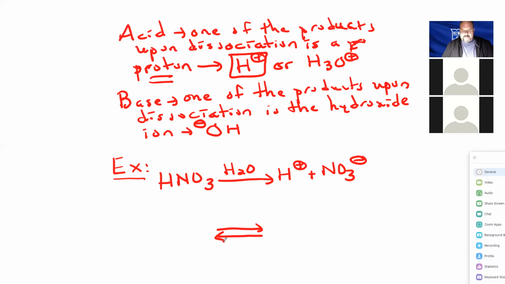Okay, so in this case, what you start with is HNO3. And the technical term for what you start with in a chemical equation or in a chemical reaction are what are known as reactants. There could be one reactant, there could be multiple reactants. In this case, there's a singular reactant, and that's what we start with.